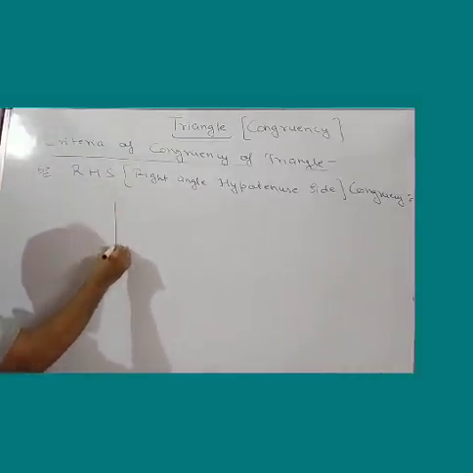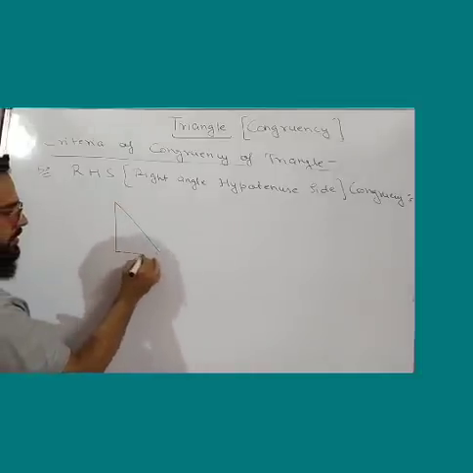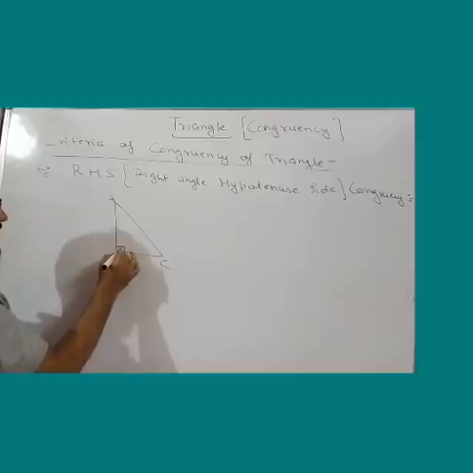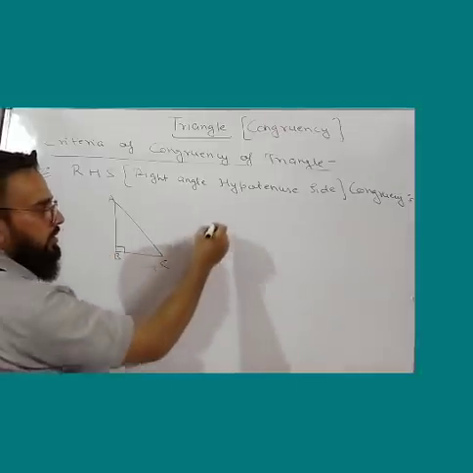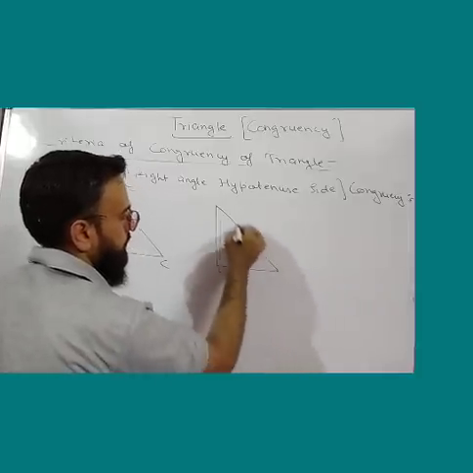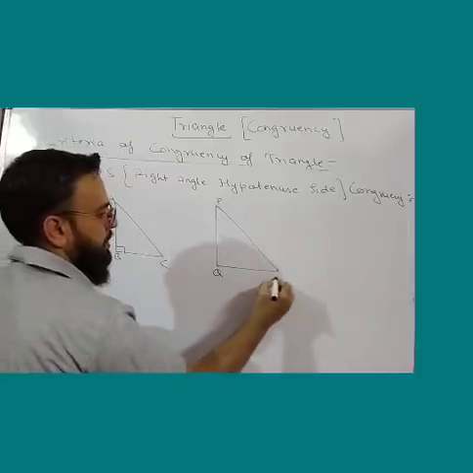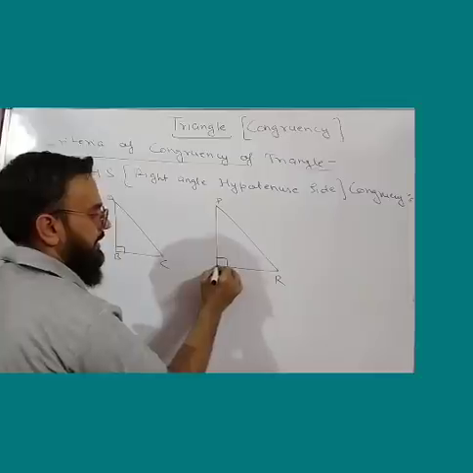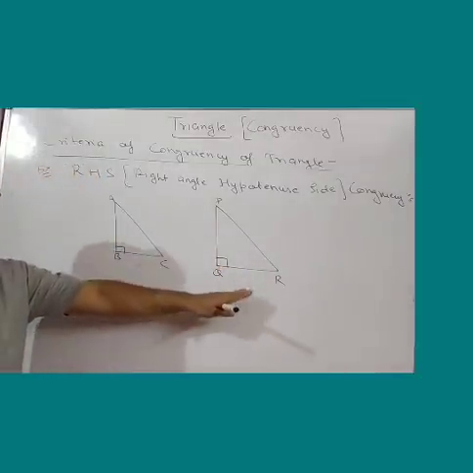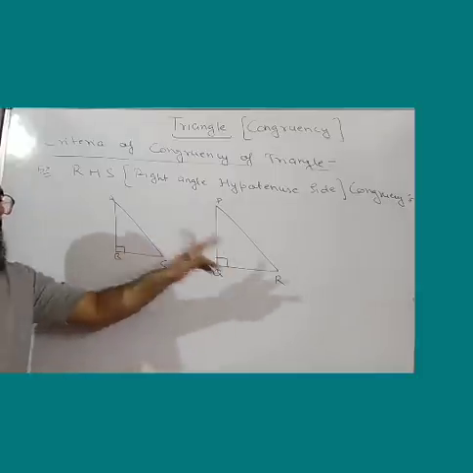Suppose we are given two right angle triangles. Suppose this is triangle ABC, in which angle B is 90 degrees, a right angle, and another triangle is given, triangle PQR, in which angle Q is 90 degrees. So if you are given two triangles like this, angle B is 90, angle Q is 90.